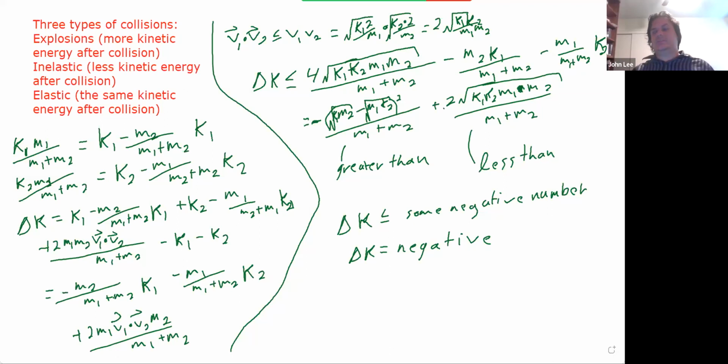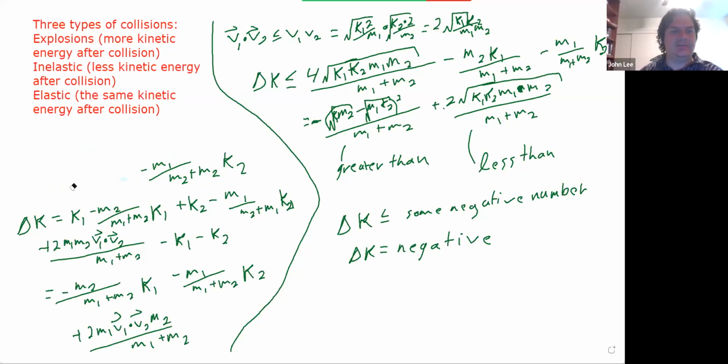Or delta K is going to be negative, therefore this value is going to be greater, and this change in energy is going to be less than the initial energy that you had. So that's good. I'm kind of surprised I was able to do that. I can't edit these videos, so I can't just edit that out, so I apologize to you.